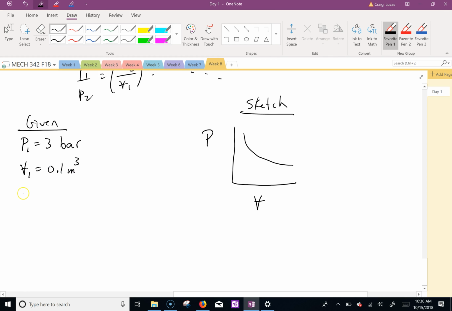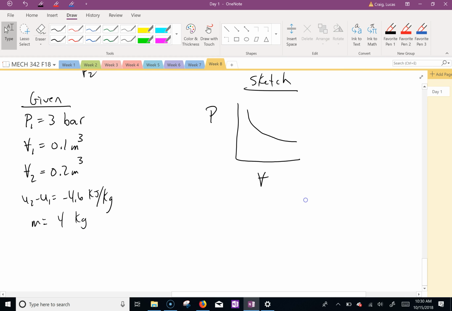So write these givens. We'll make a sketch, and I'll talk about what's happening here. So we have a polytropic process. I'm going to write assumptions right here. So polytropic.